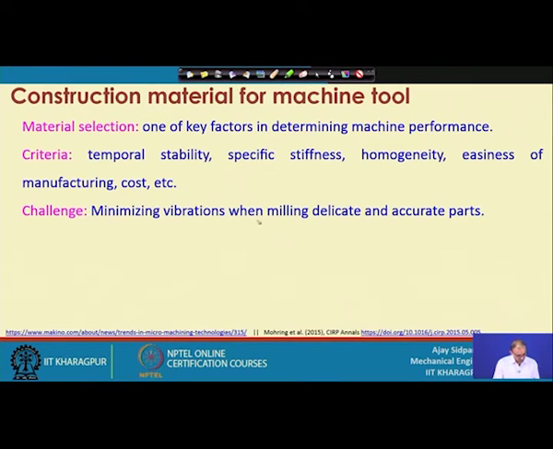So, when you are talking about this, vibration is a very important issue here, that occurs because of the forces acting between the tool and workpiece. So, this vibration should not propagate into the machine structure.